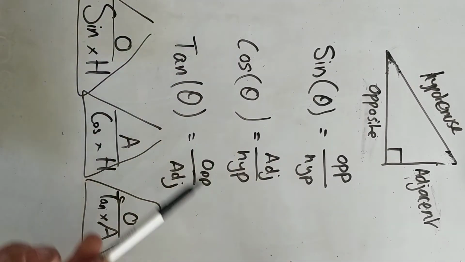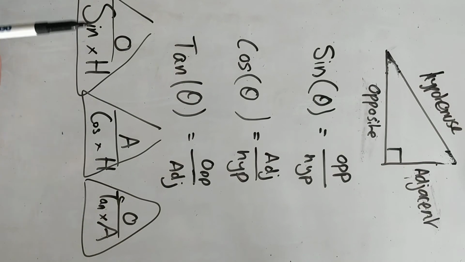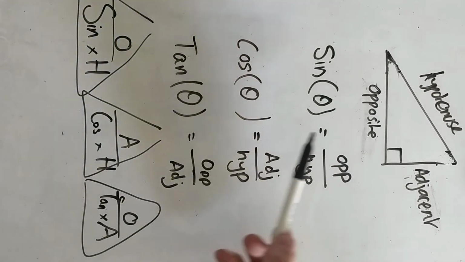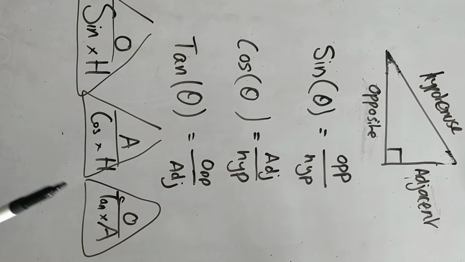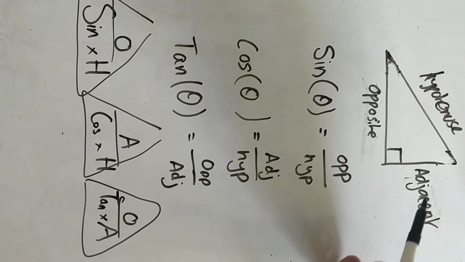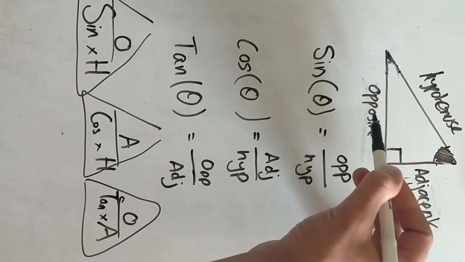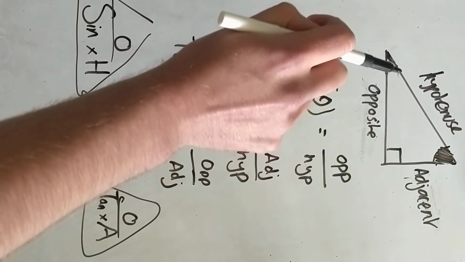You need these three ratios, and this is just another way that you can do it to work it out. You can either remember these or remember these, but this is how a triangle would be labelled. If the angle was there, that would be the adjacent, that would be the opposite, and obviously they switch around if the angle was there.